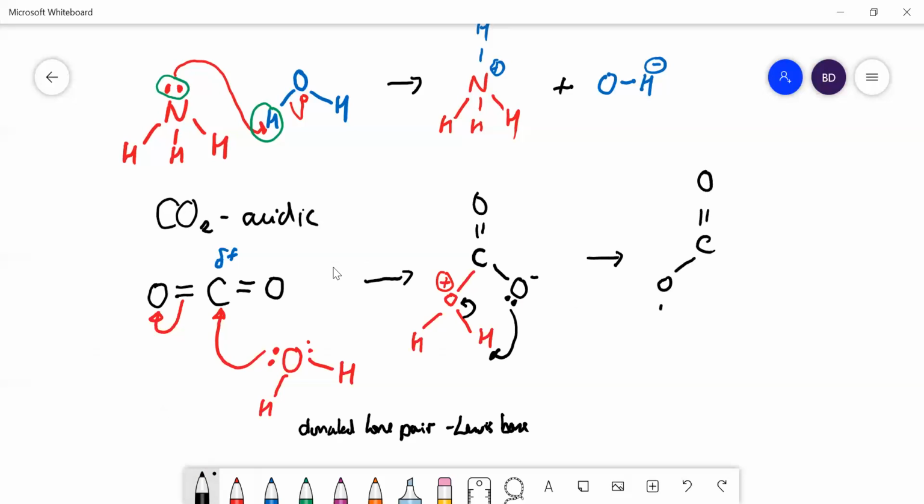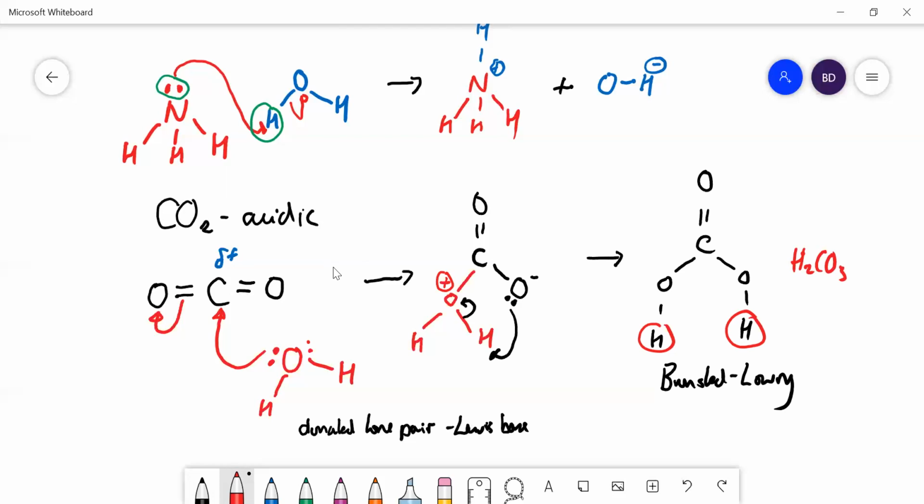And carbonic acid is a Bronsted-Lowry acid because it's got 2 protons which it can give away. You give both of those away to form the carbonate ion. So we start off with CO2, which is a Lewis acid, and we end up with carbonic acid, H2CO3, which is a Bronsted-Lowry acid. And that's a familiar pattern that happens.